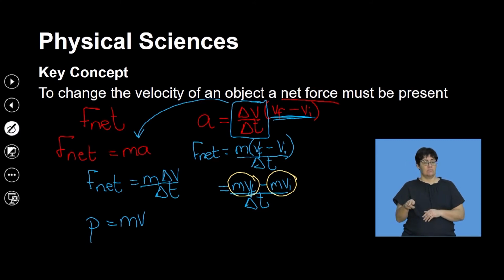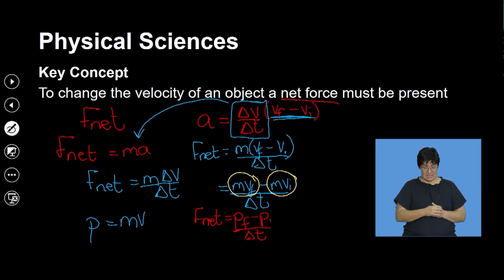But it's momentum at a specific point. That would be the final momentum, the momentum after the velocity's changed, and that would be an initial momentum. So actually, I could write this again as being F net equal final momentum minus initial momentum over delta t.